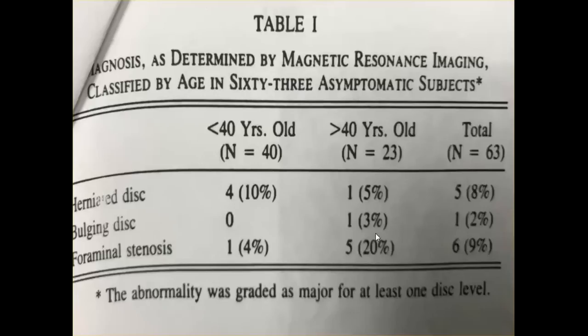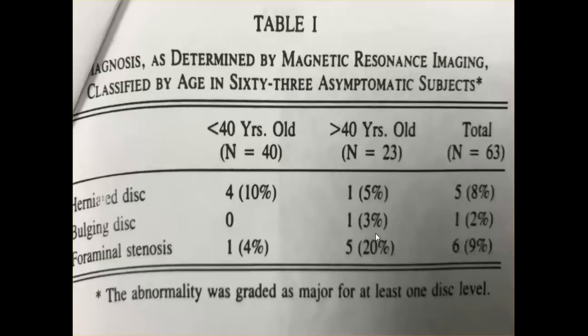Over 40, which since I'm older than 40, I think 40 is pretty young. So over the age of 40, many people had problems. A fifth of them had foraminal stenosis, 3% had bulging discs, and 5% had a herniated disc. The reason he picked herniated disc, bulging disc, and foraminal stenosis is these are reasons to have surgery.